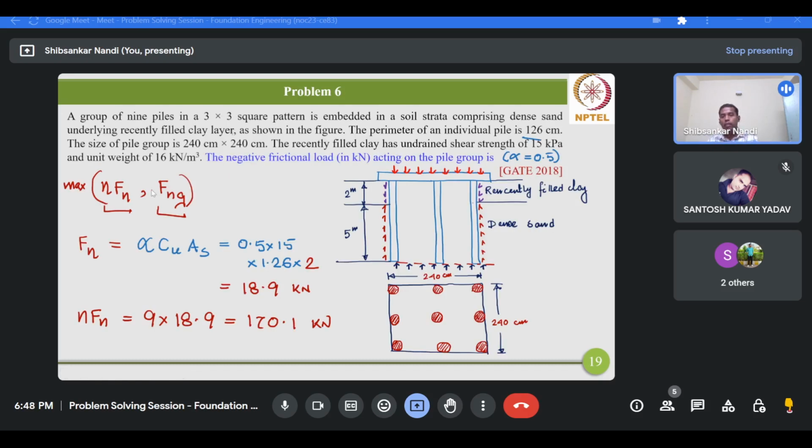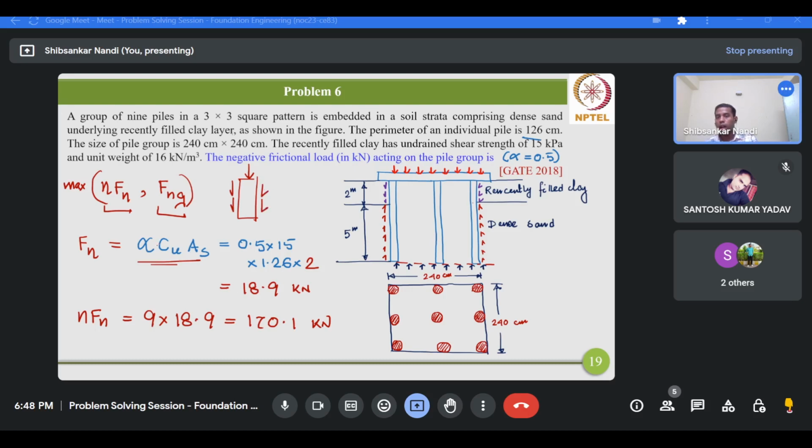Now earlier in this case, you have considered this is the friction which is acting. So suppose this is the pile, so this is the load, and you are having the negative skin friction in this fashion.